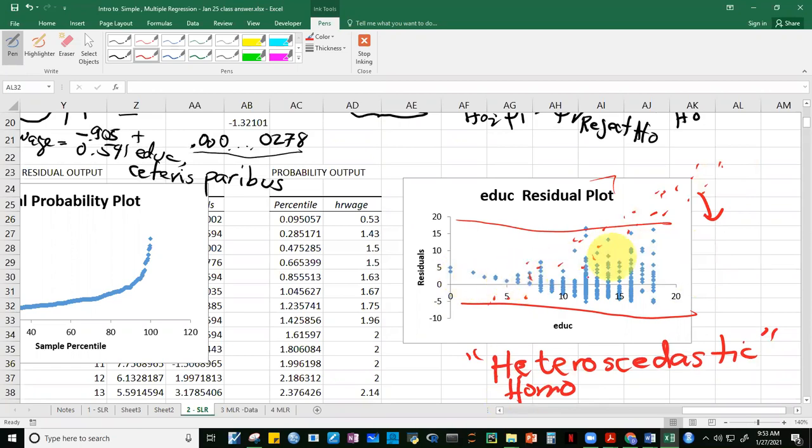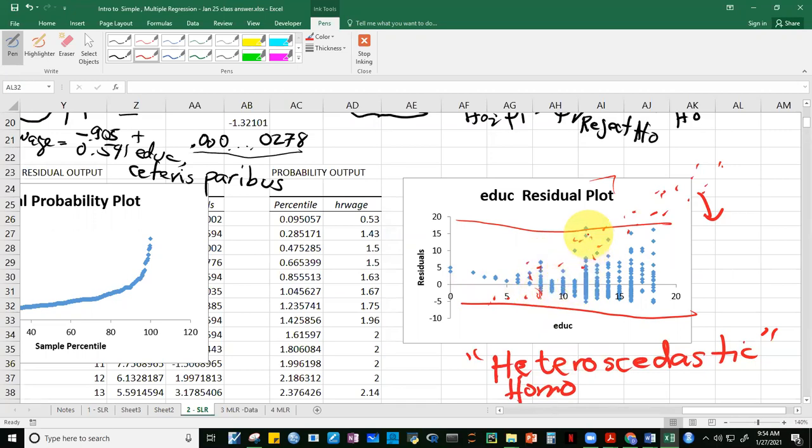Ito guys, medyo may problema kasi mukhang tumataas, oh. Tumataas yung variance ng residuals natin. Habang lumalaki number of years sa education, lumalaki yung variance niya. Dito maliit lang yung variance dito sa siguro 6 or 7 to or 8.